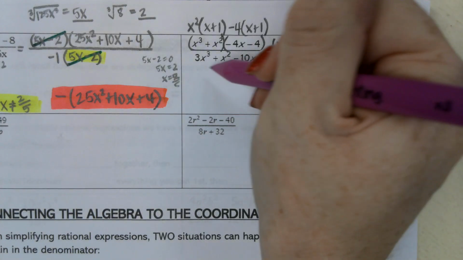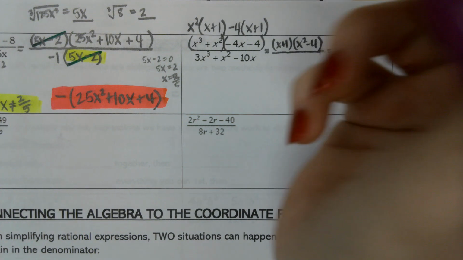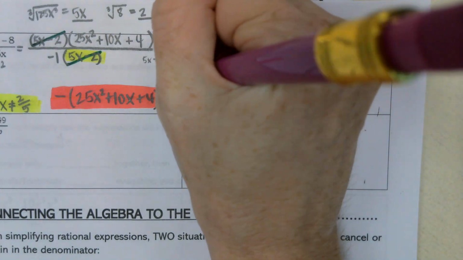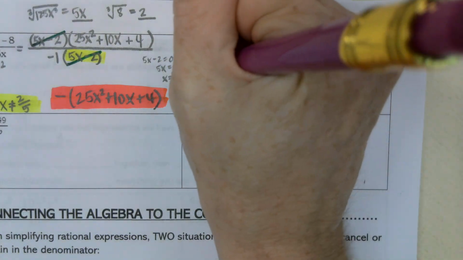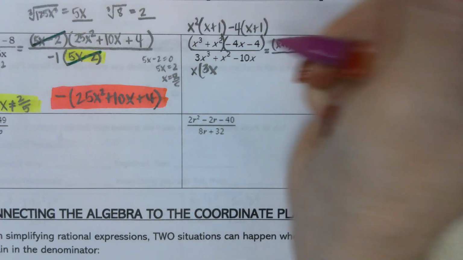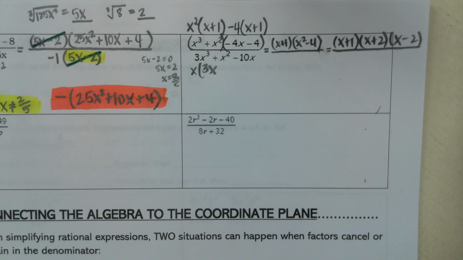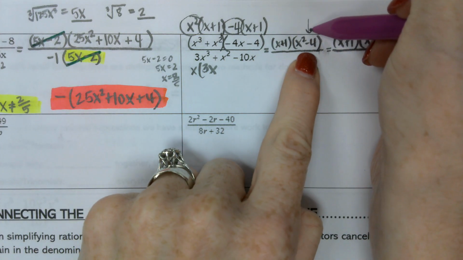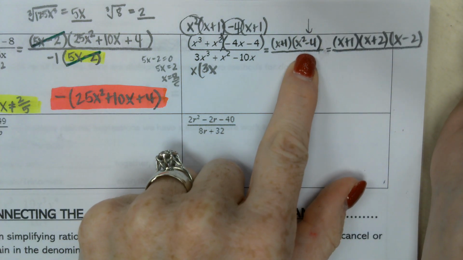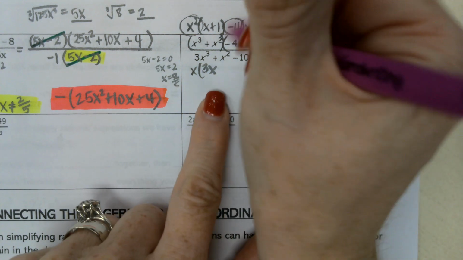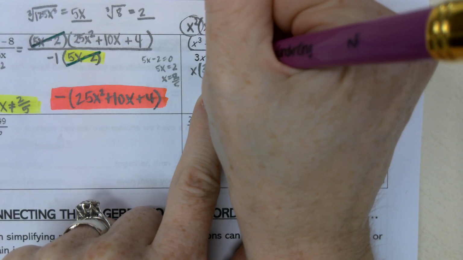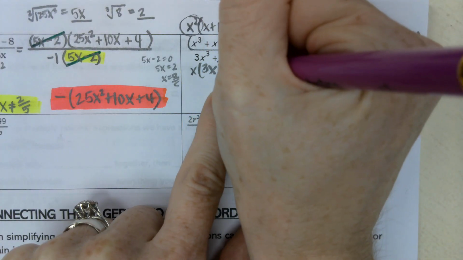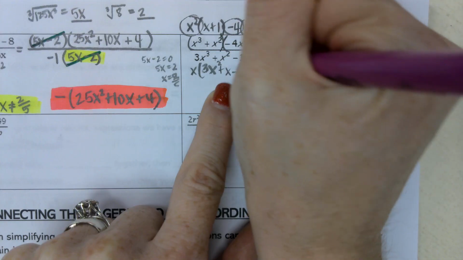Now, here in the denominator, I have a GCF of x that I can take out. That gives me 3x squared plus x minus 10.